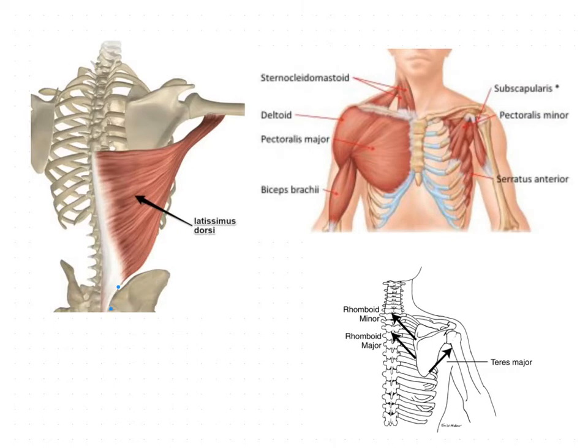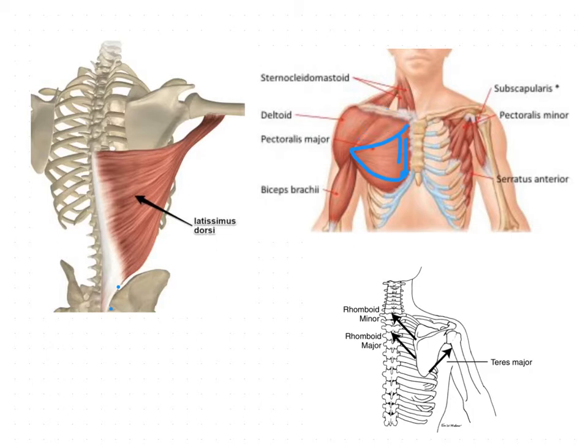Next, coming to the pectoral muscle. So this sternal portion of the pectoralis major, here this is the pectoral region, this one is the pectoralis major. So this part is the sternal part, and the above part is the clavicular part.